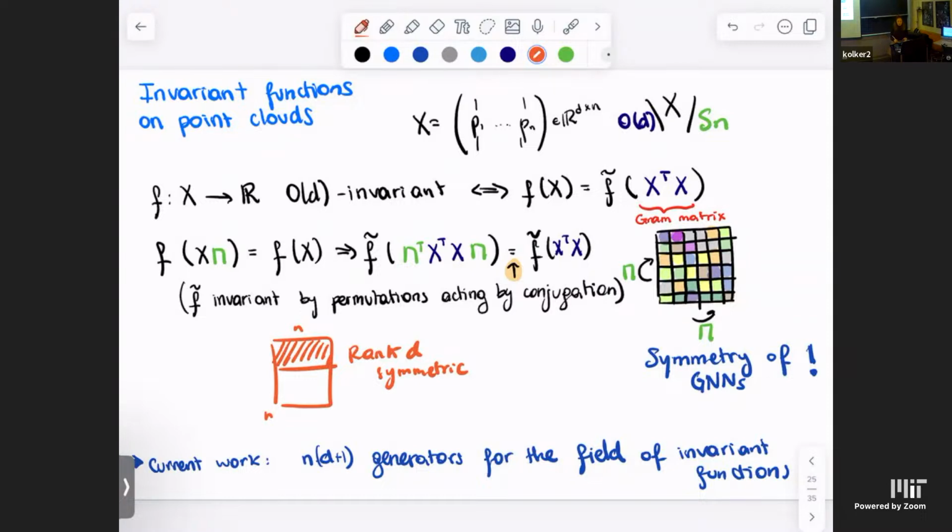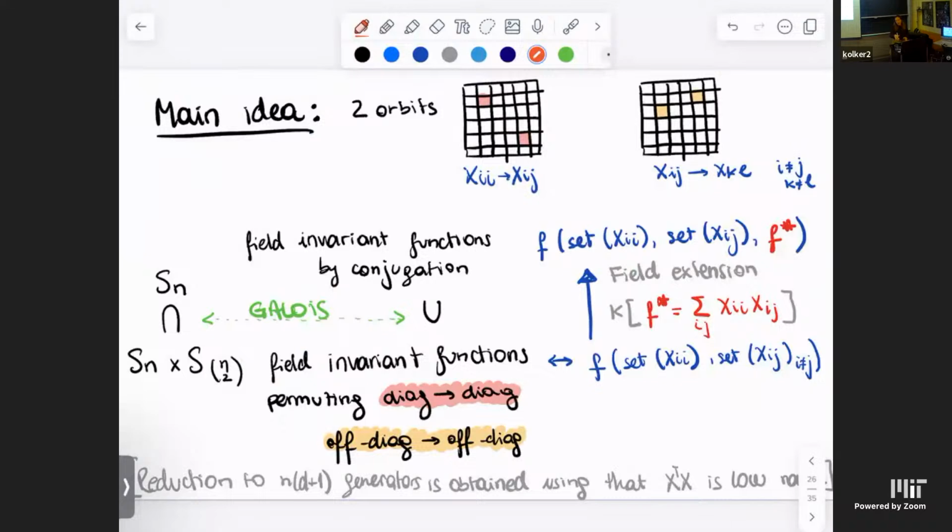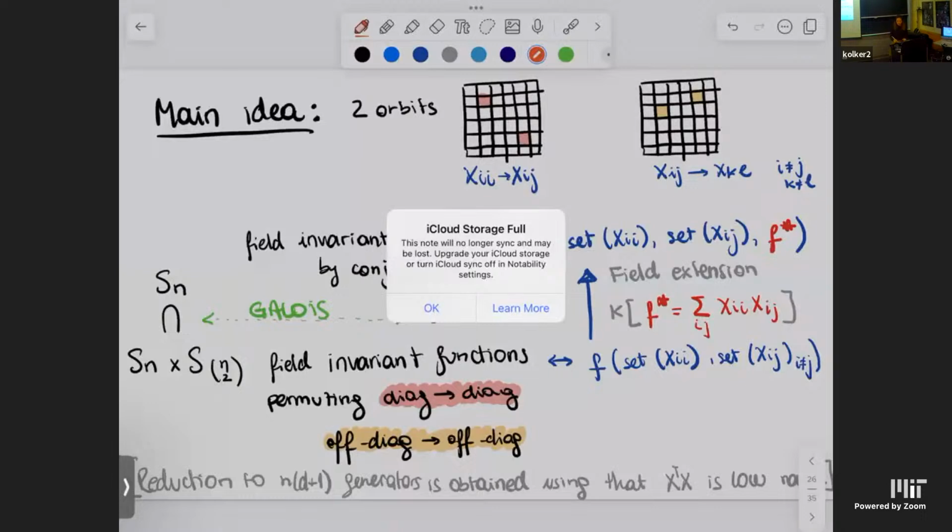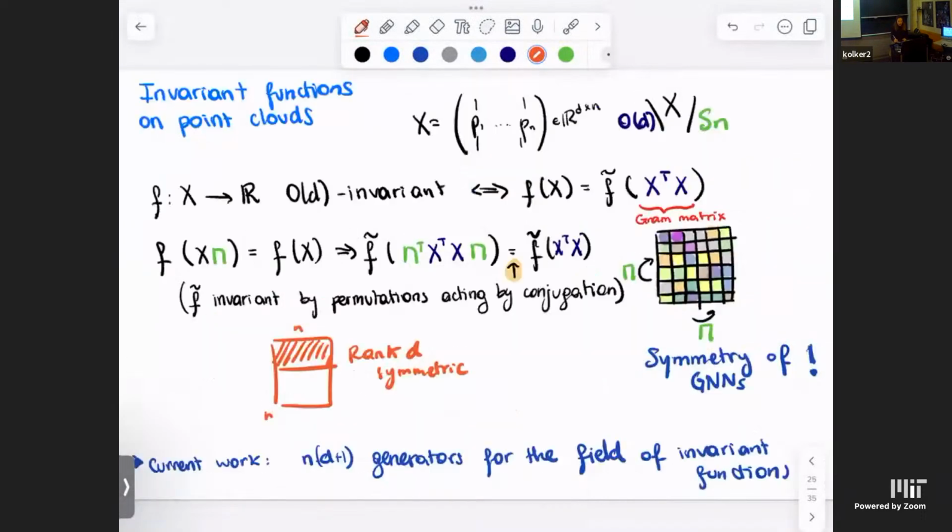So we use these invariants in general, but then we reduce them to work with the rank D version of this matrix. And from here, you don't need to even compute the n by n inner products. So it goes from n squared to n times D, plus something, since you need some extra things just so that it's stable.